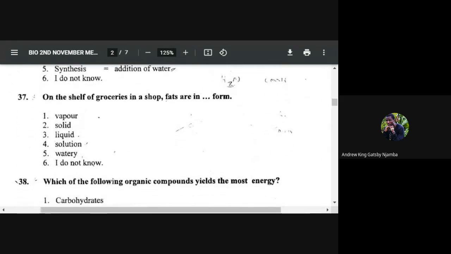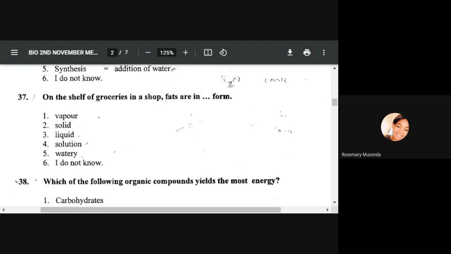Question 37. On the shelf of groceries in a shop, fats are in dash form. I think we all go to shops.